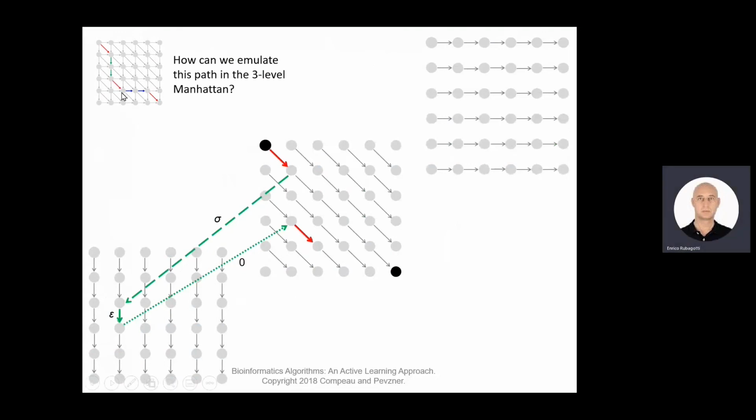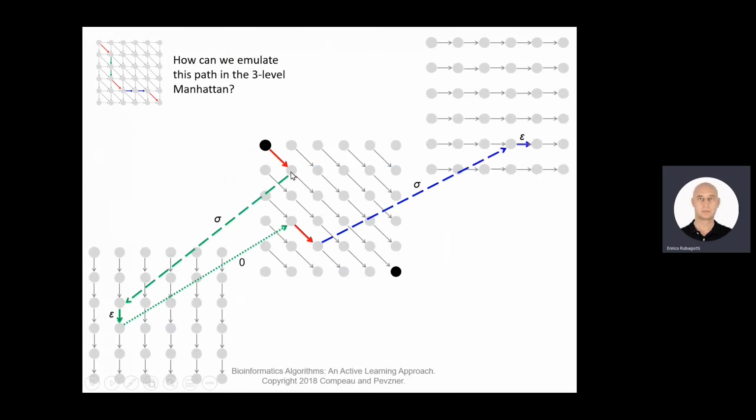After, here I'm going to have a blue one that is going here. I'm going to cross with an epsilon cost, and this one had a sigma cost. My apologies, because before I was wrong.